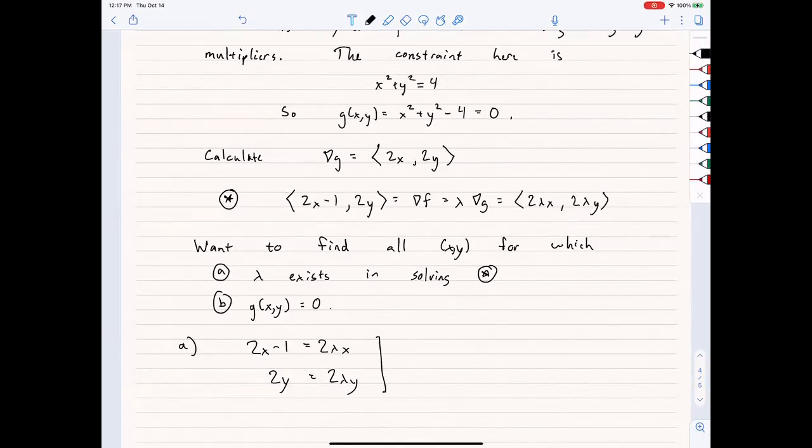So let's start with our good instinct and say, if y is non-zero, then lambda must equal 1 by the second equation. I mean, just divide by y.